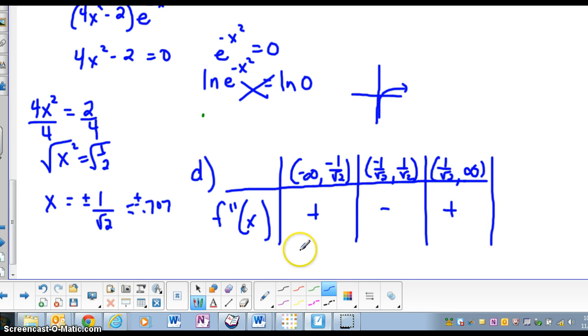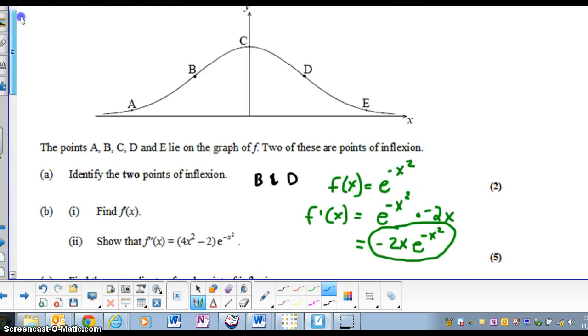Alright, so what the second derivative is telling us is concavity. Here we have concave up, here we have concave down, and this section would be concave up. So when you look at your graph to make sure you proved it right, it should correlate with what your graph is. Yep, from this section to here would be concave up, and then from here to here would be concave down, and again concave up.